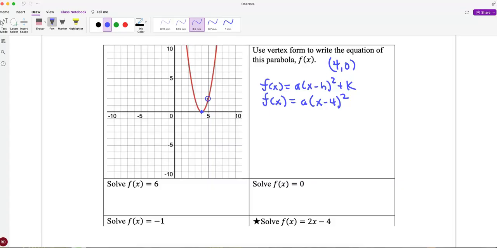Let's find another point here. It looks like the point 5, 2. So 2 is equal to a times 5 minus 4 squared. 2 is equal to, that's just a. So this formula, f of x, is 2 times x minus 4 squared.